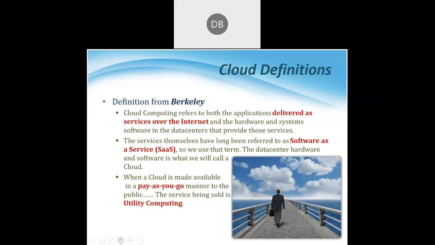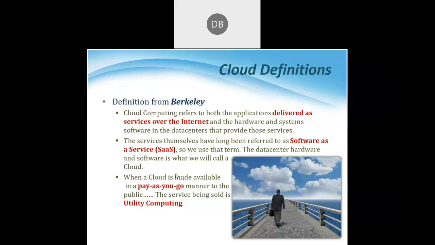So for 8 days RAM size can be increased to 1 terabyte, and after 8 days this can be released again to a minimum of 8 GB. So the meaning is that we can add resources, we can remove resources with minimal management effort, meaning without any human intervention or without service provider interaction. That is the definition. This is actually the official definition from NIST.